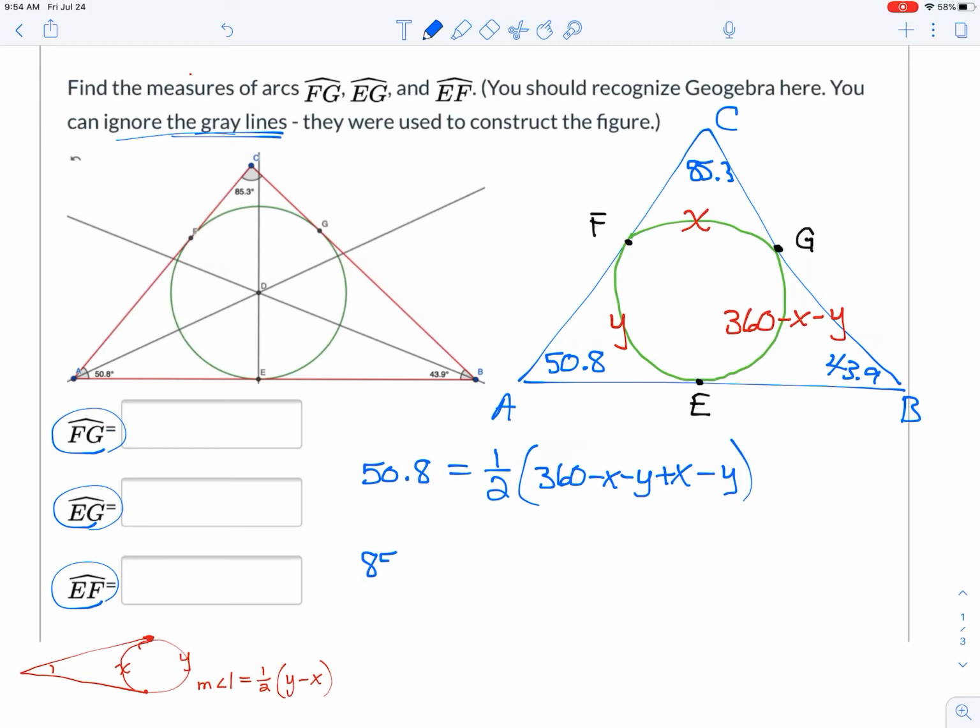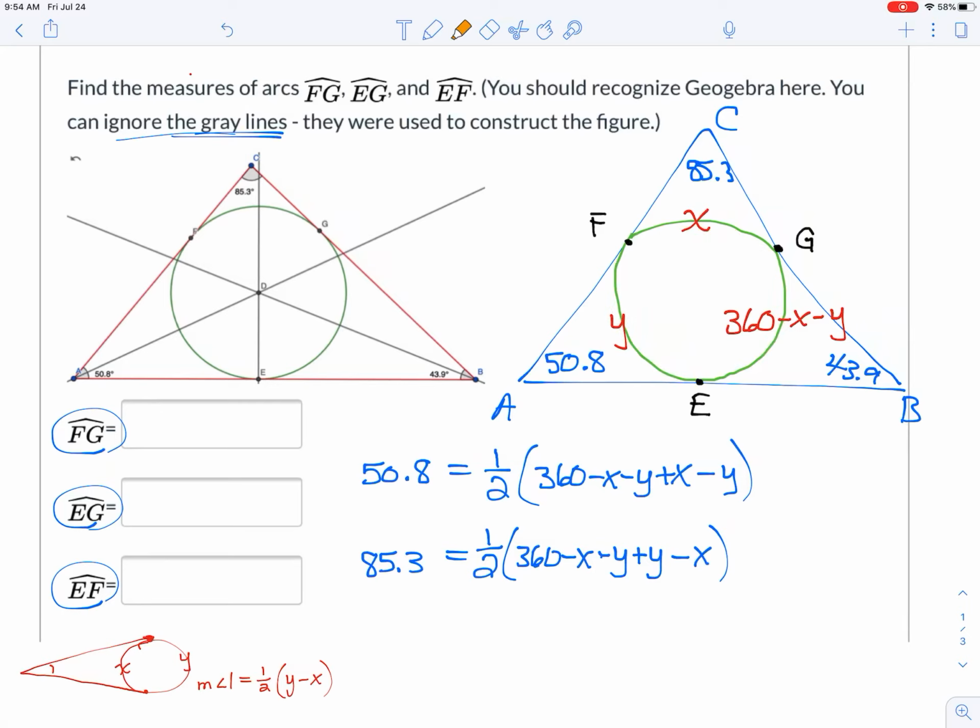Let's go on to the second angle, the 85.3 degree one. And that is 1/2, using the theorem again, of 360 minus x minus y plus y minus x. That is 1/2 of this arc plus this arc minus this arc.